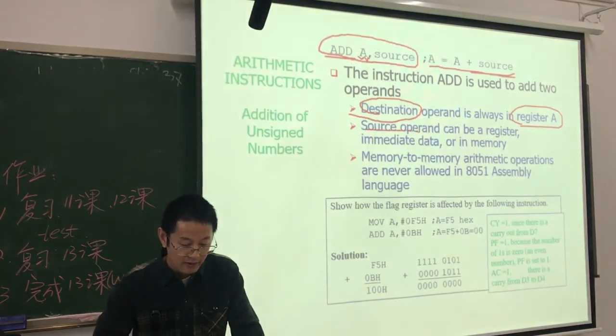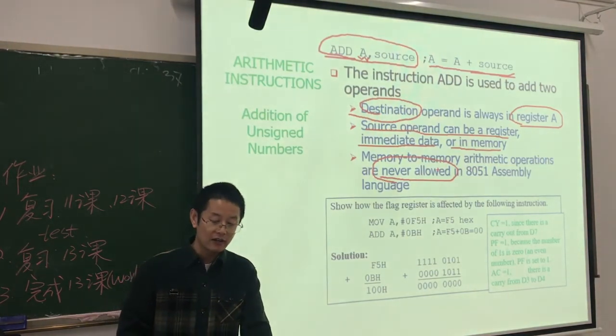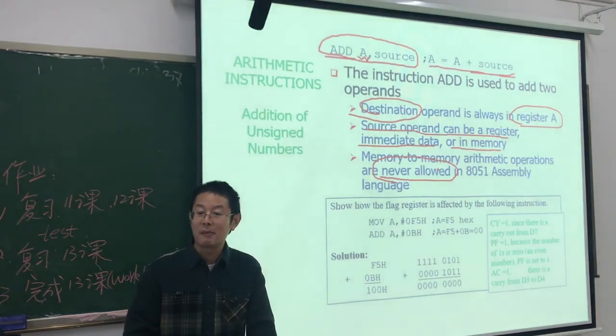The source operand can be a register, immediate data, or in memory. Memory-to-memory arithmetic operations are never allowed, which means you cannot do an add in memory.